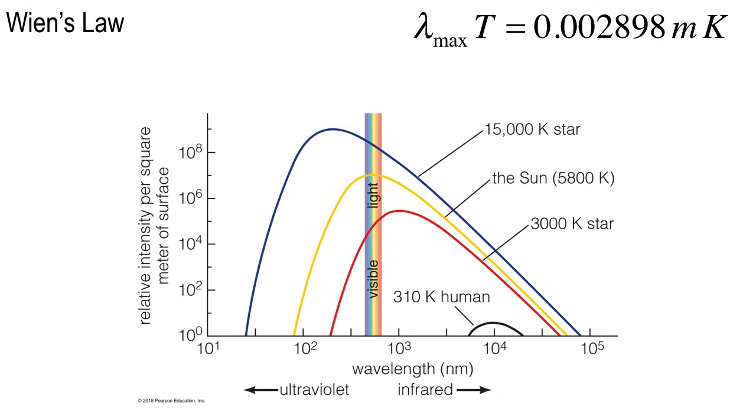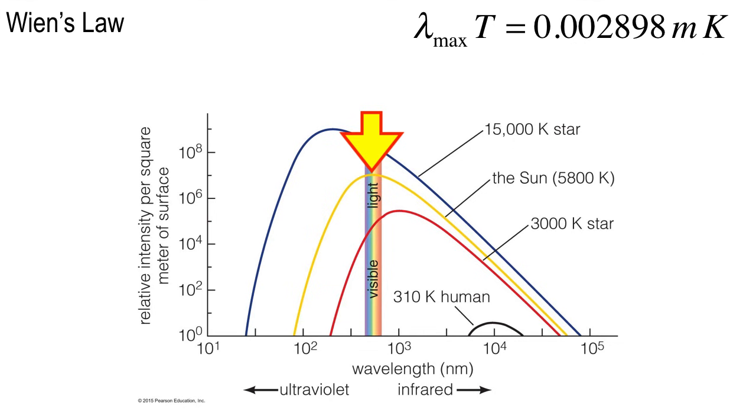The displacement is seen in this: as the temperature changes, the peak displaces on this diagram to the right. So this is high temperature. Down here is lower temperature, and the peak is underneath and it's down and to the right.